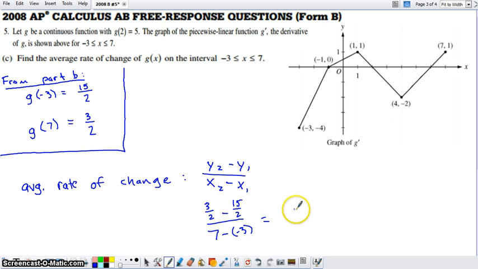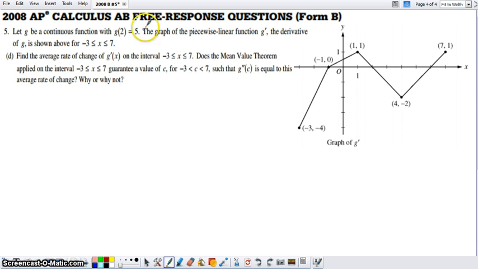If you simplify this, you should be looking at negative 12 halves in the top, and in the bottom you're looking at positive 10. So in the top, if you simplify that fraction, you're looking at negative 6 over 10, or an average rate of change of negative 3/5. So the average rate of change of g over the interval from negative 3 to 7 is negative 3/5.